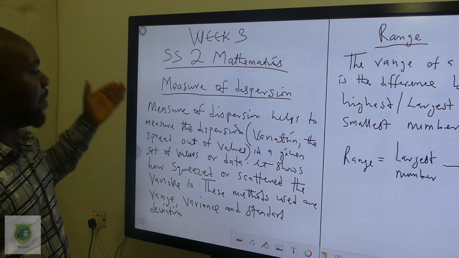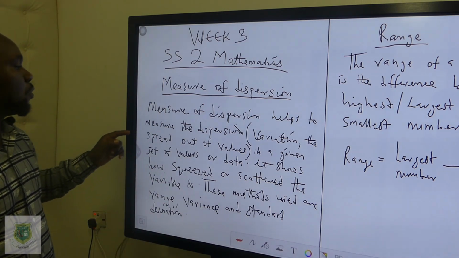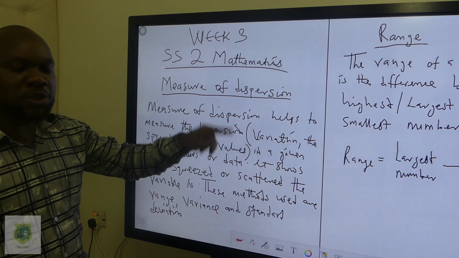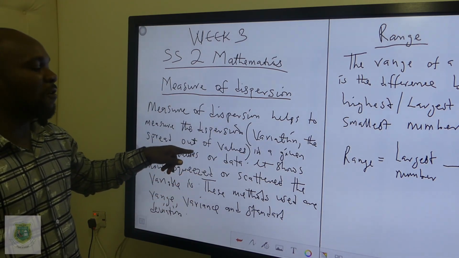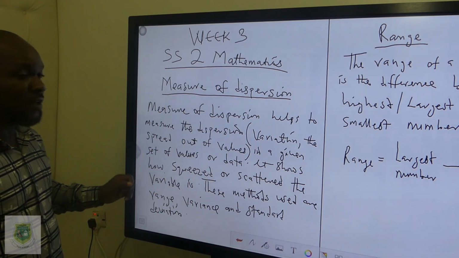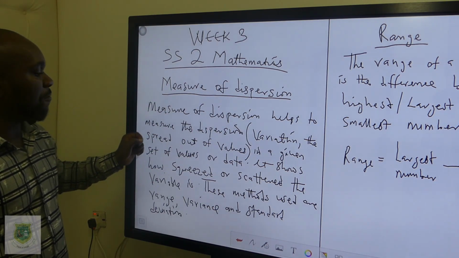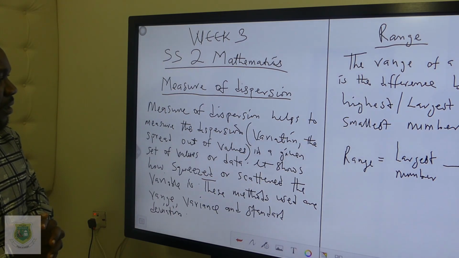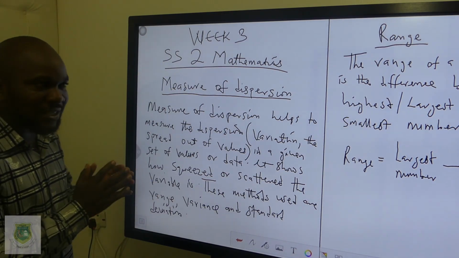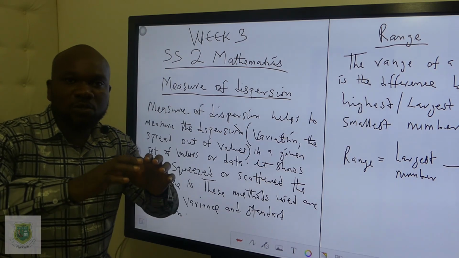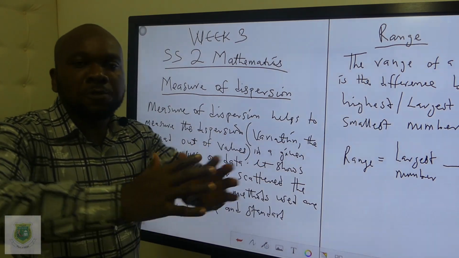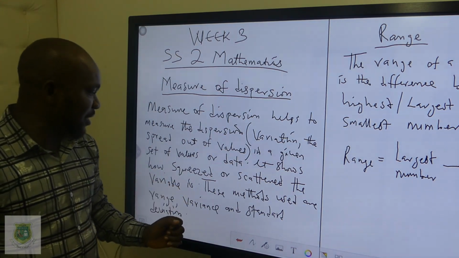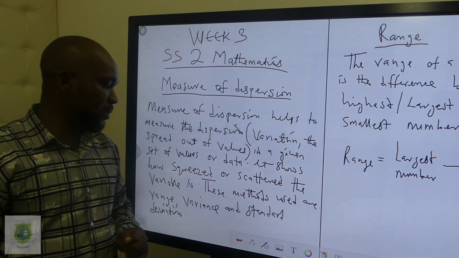Look at this one. This one says measure of dispersion helps to measure the dispersion (variation), the spread of values in a given set of values or data. In that case, it is going to show you how squeezed or spread out or scattered the variable is.